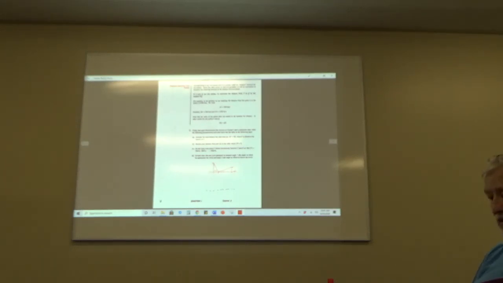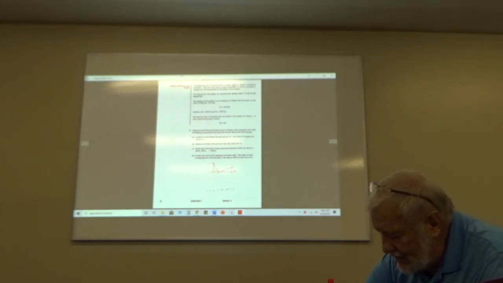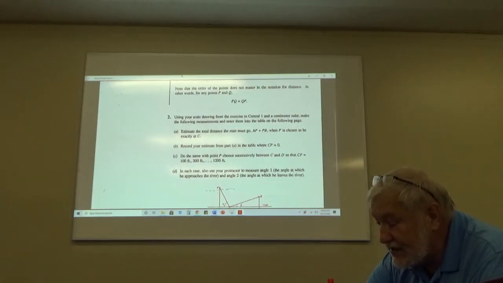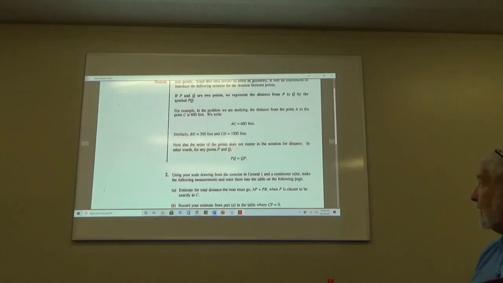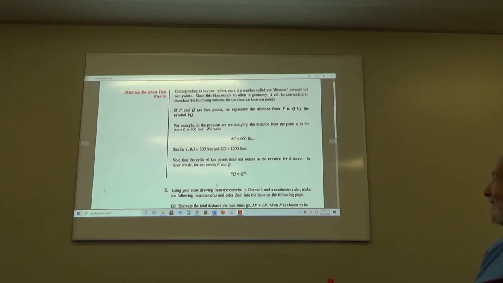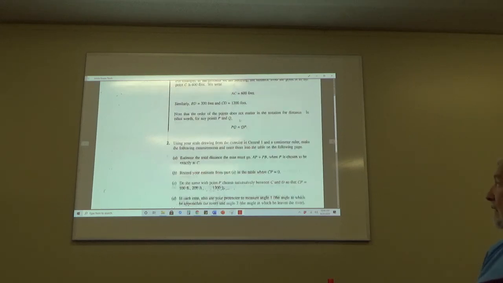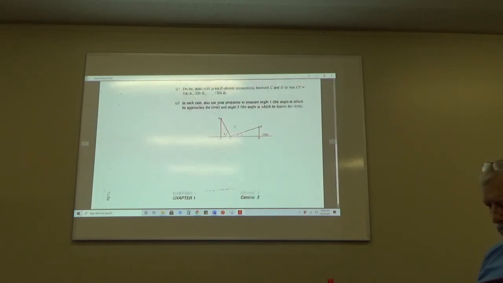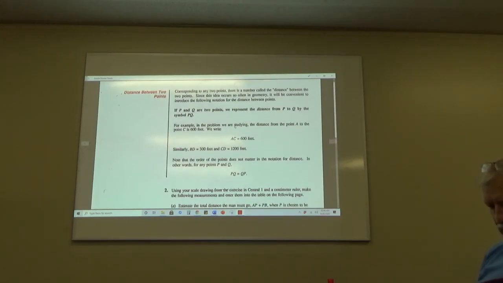Okay, let me try this. Is this what it will look like? Yes, this is the chapter. There, that's better, isn't it? Distance between 2 points. Now they're just telling us that A to C from that drawing. Where did the drawing go?